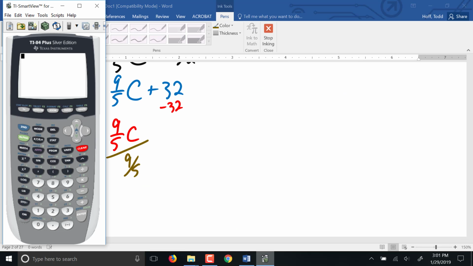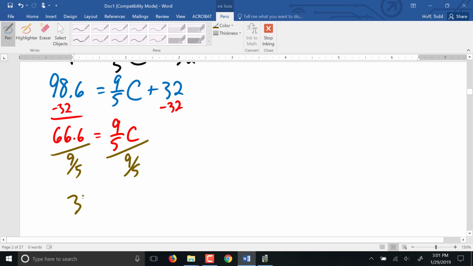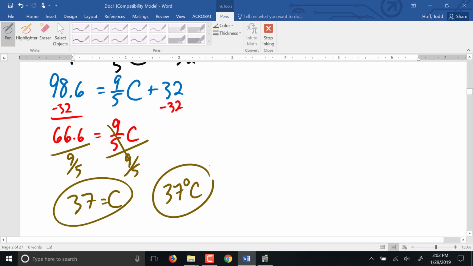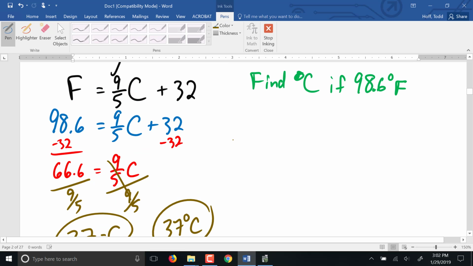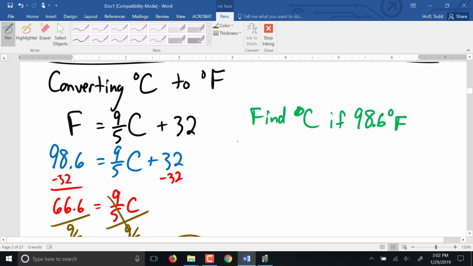So I'm going to take 66.6 times 5 divided by 9. That's multiplying by 5/9. I get 37. So the Celsius temperature is 37 degrees. That's 37 degrees Celsius. So here it was just a single time I wanted to take that one temperature of 98.6 Fahrenheit and convert it to Celsius.